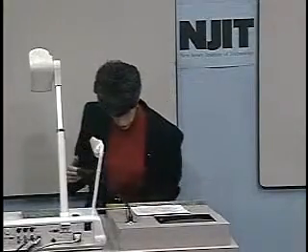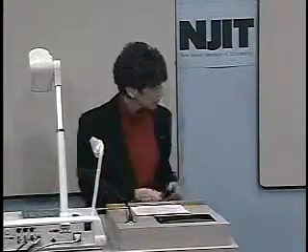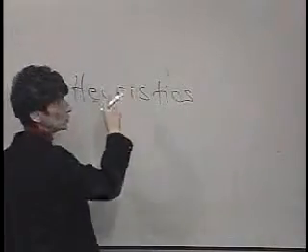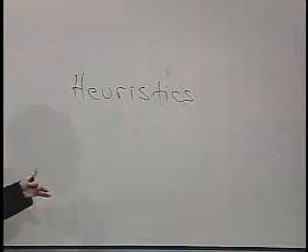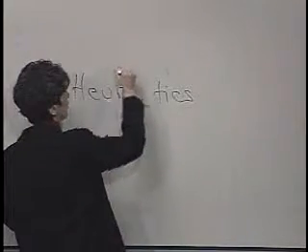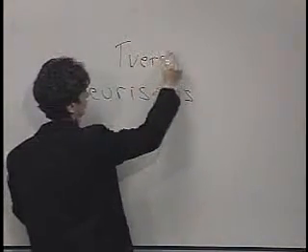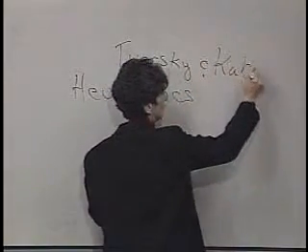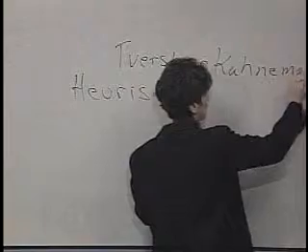And the two researchers, actually three, but we'll start out, who did really groundbreaking work in looking at these rules of thumb that we use and the mistakes are Tversky and Kahneman.